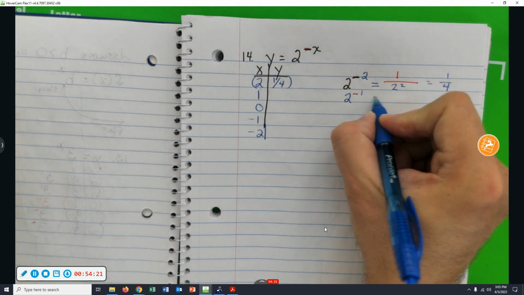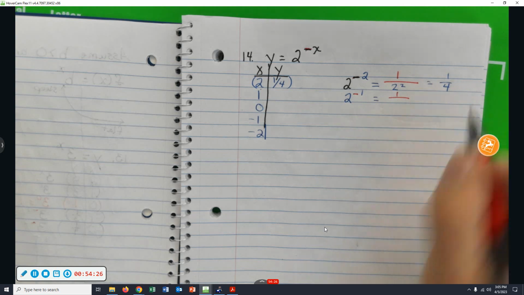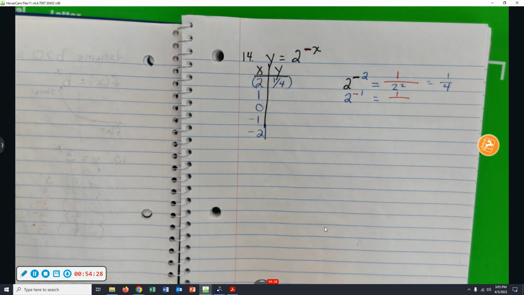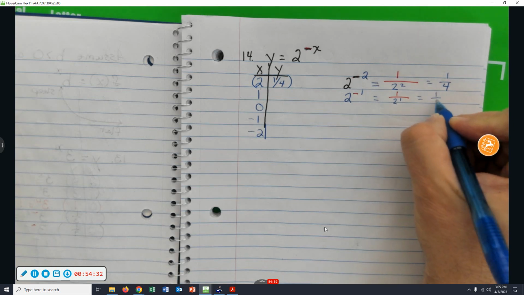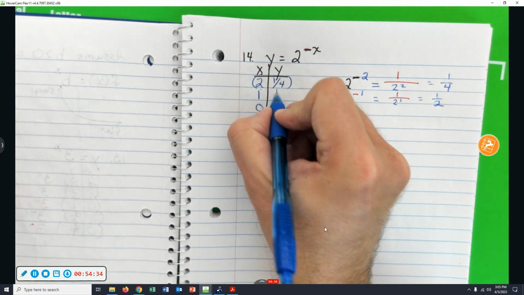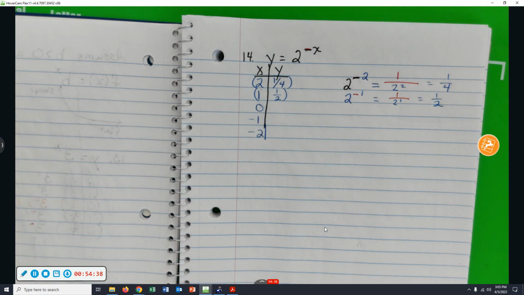A negative exponent means 1 over. Yeah, just a half. 1 over 2 to the first. 2 to the first is just a 2, so 1/2. So over 2, up a 4th, over 1, up a half.